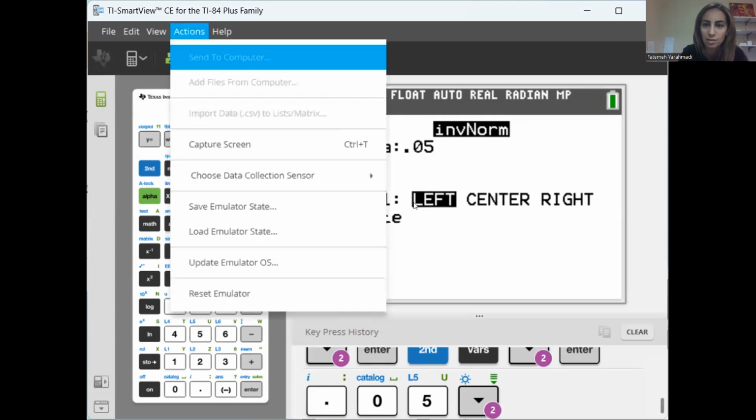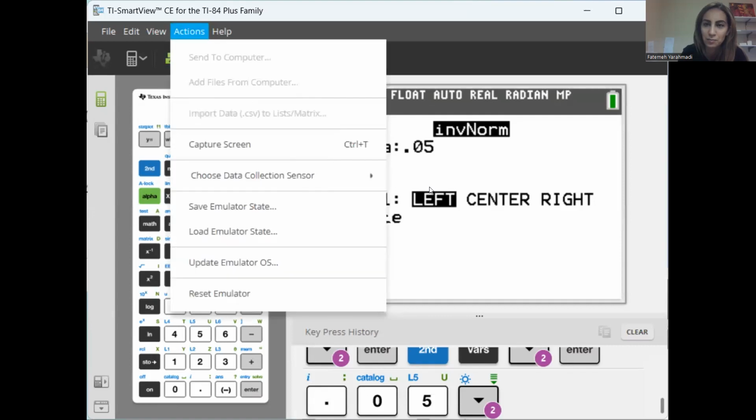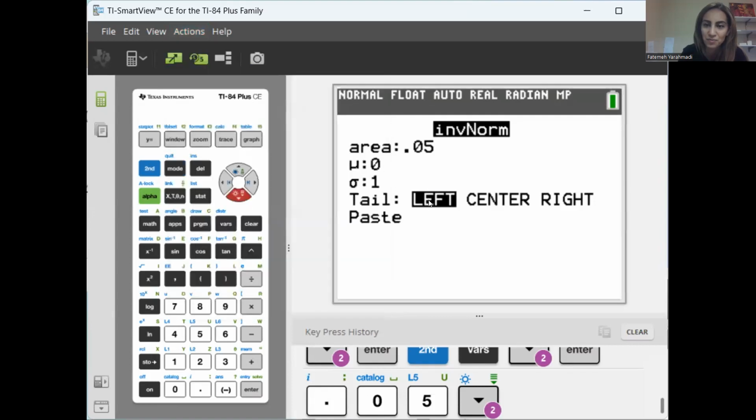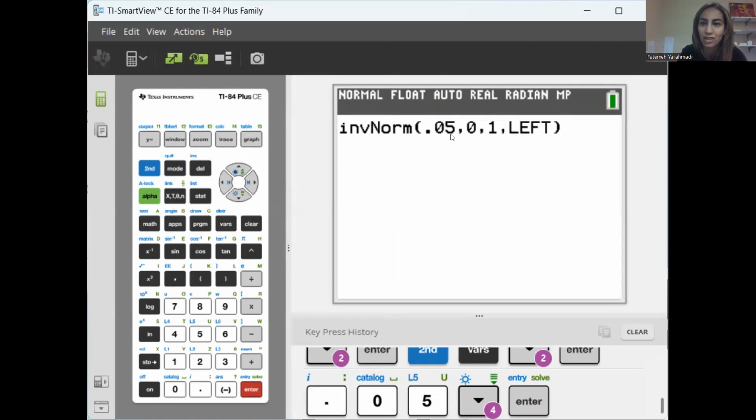And then suppose you want to find the area on the left-hand side. So we're going to go to the next line, left, and then you go to paste, enter. It says, hey, this is the inverse norm because we already have the area. Enter, and you see you have negative 1.6448.